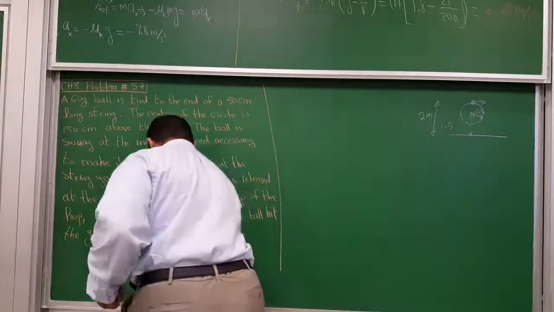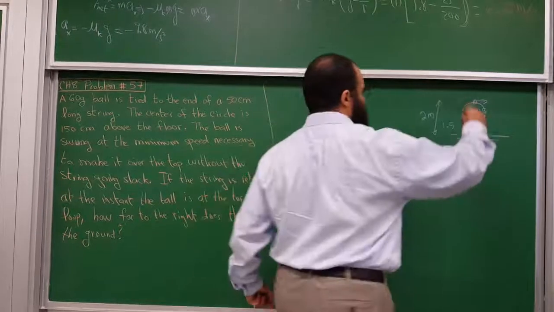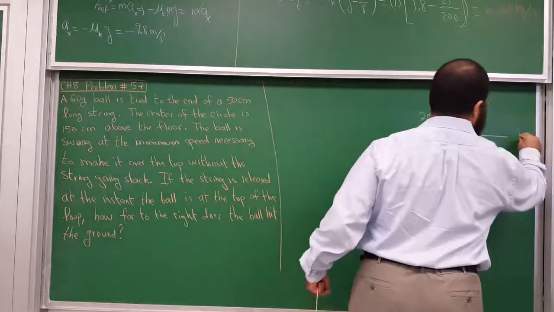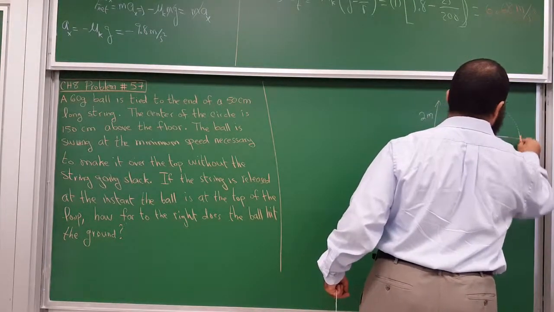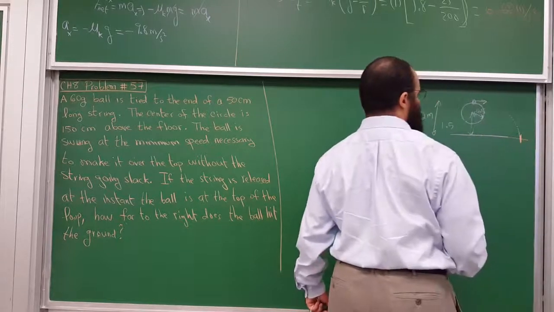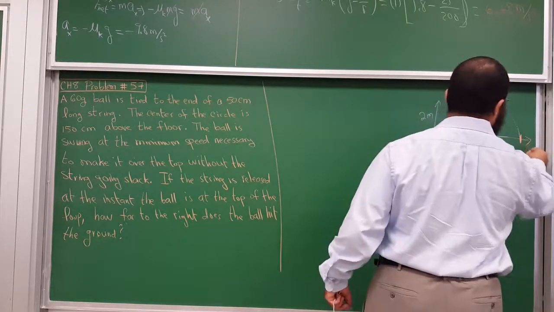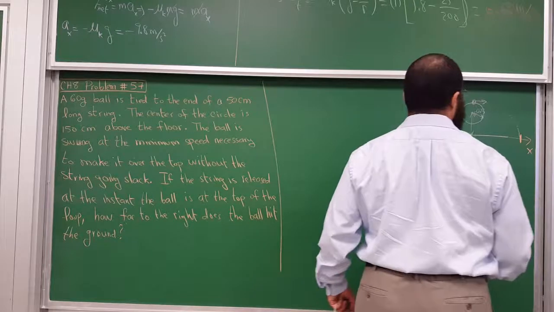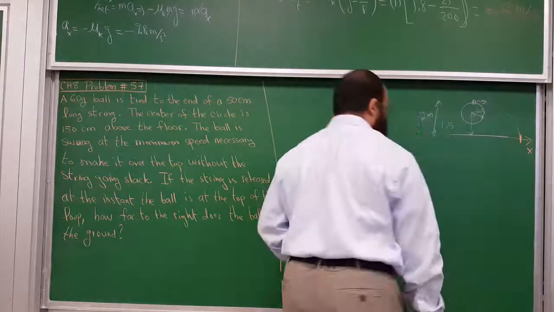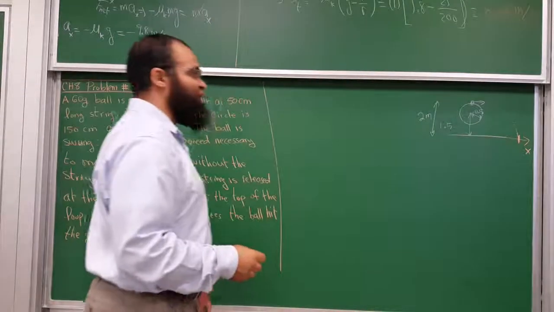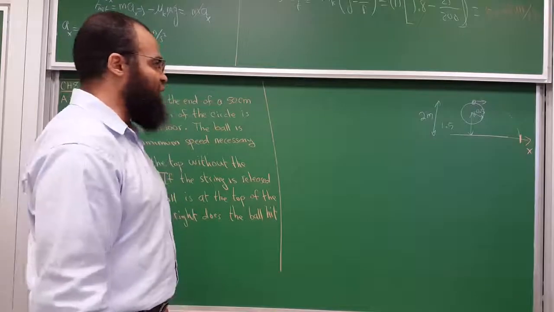And the question is, how far will it be? Let me call this the x-axis. Before we worry about that, we first need to find the minimum speed to make it to the top.